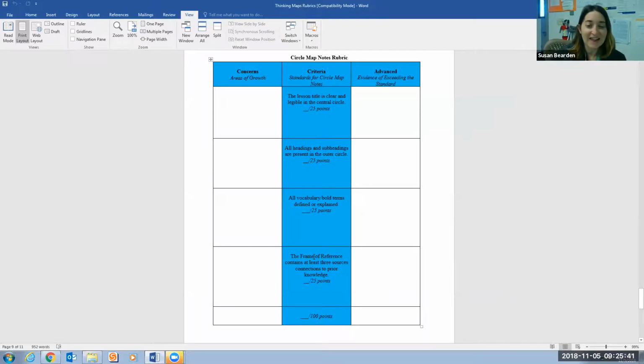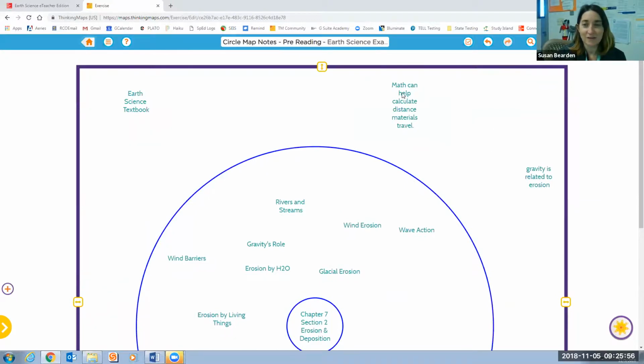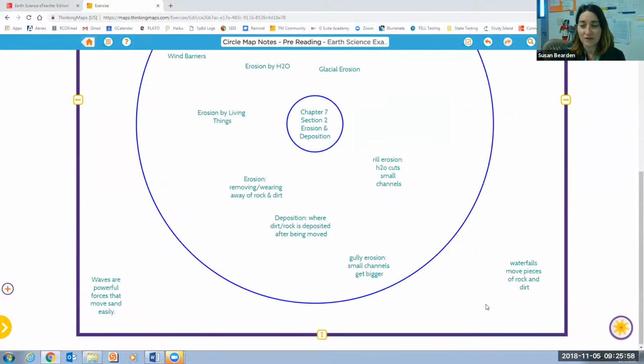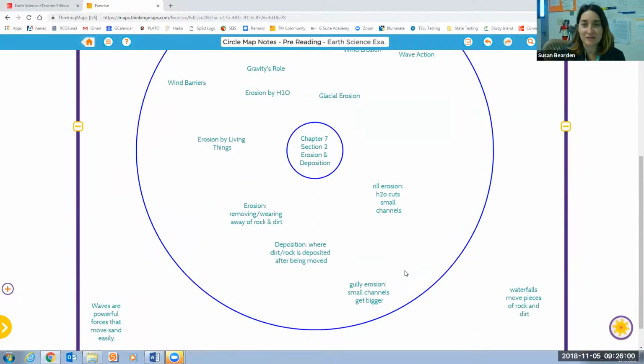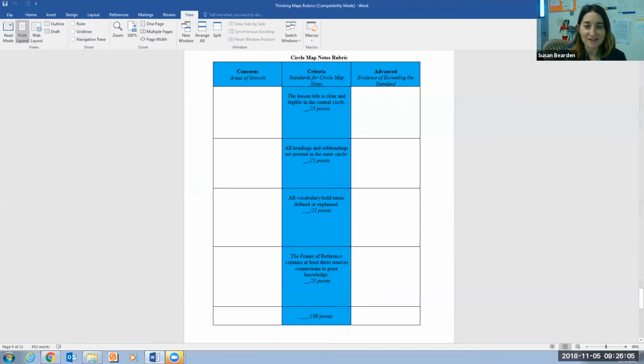Last but not least, the frame of reference must contain at least 3 sources or connections to prior knowledge. Do we have at least 3 things in our frame of reference? Let's see, we've got our source here. We've got 1, 2, 3, 4 connections we were able to make. Awesome. So we have met all the criteria for our map.